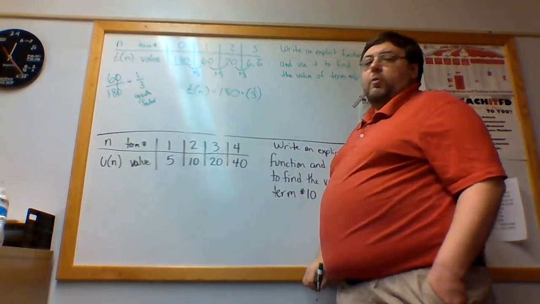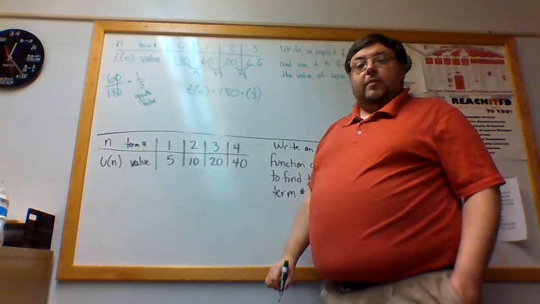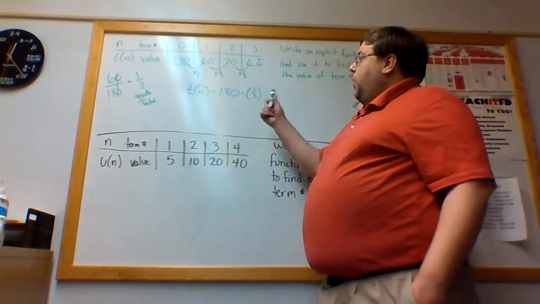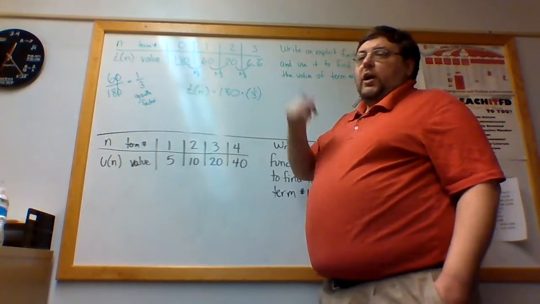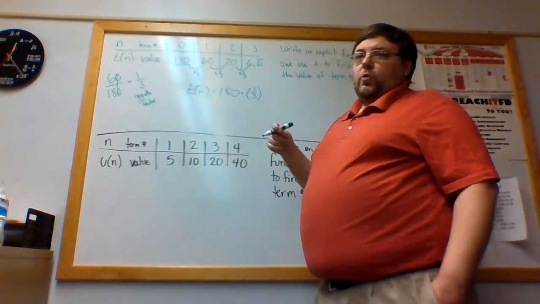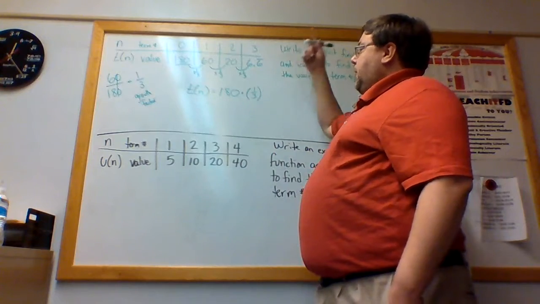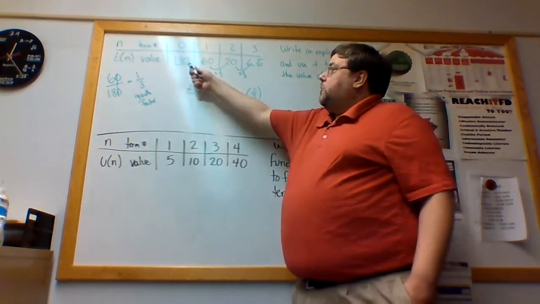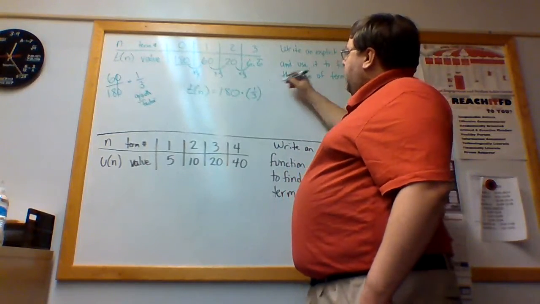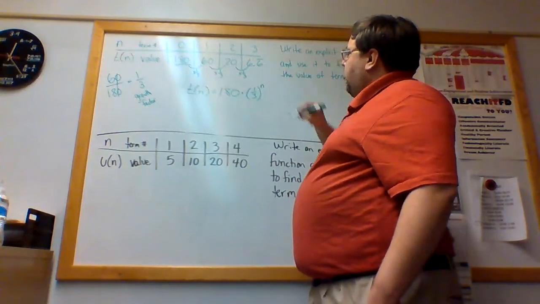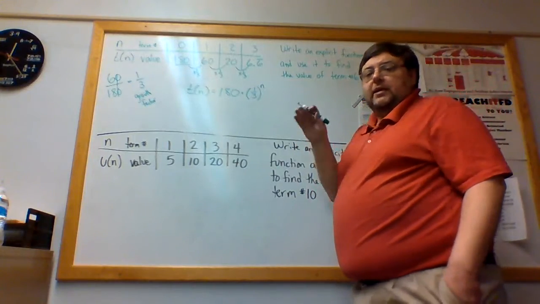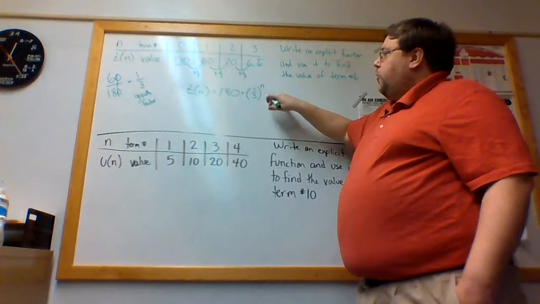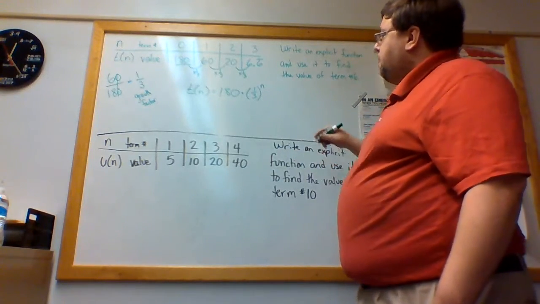And then if I want to repeatedly multiply, the way we represent that in math is with an exponent. If I wanted to say 1/3 gets multiplied twice, I'd put a power of 2. 1/3 gets multiplied 10 times, I'd put a power of 10. So in this case, since we don't know how many times we're multiplying by 1/3, we're just going to use an exponent of n there to show that it's going to repeatedly multiply 180 times 1/3 over and over and over again until we get to the term we want.